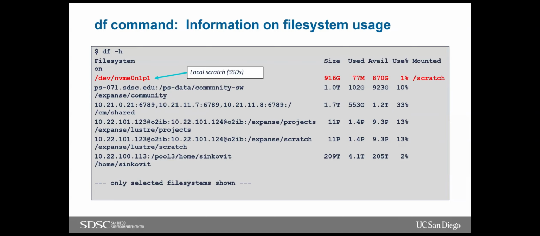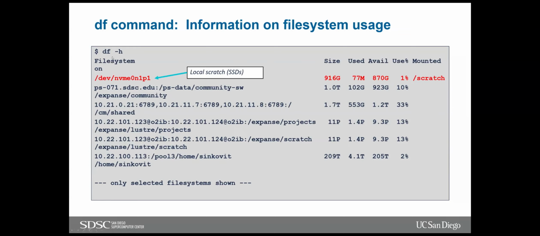In the output I have here, we're only showing selected file systems. The other thing is that by default, df is going to show everything in 1K blocks. To make it easier to read, I am using the -H directive, which means human readable. So we see it in gigs and terabytes and such.